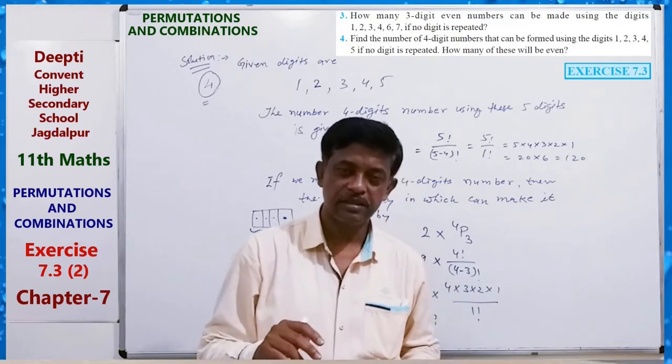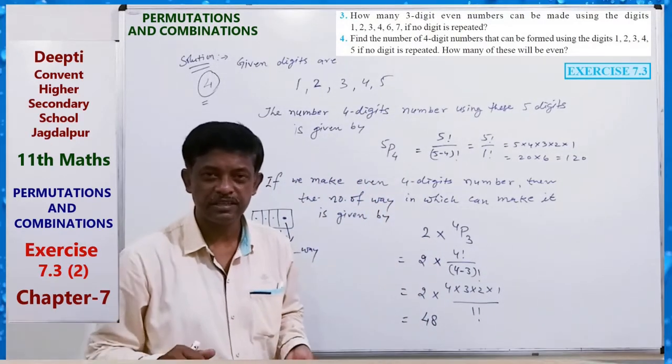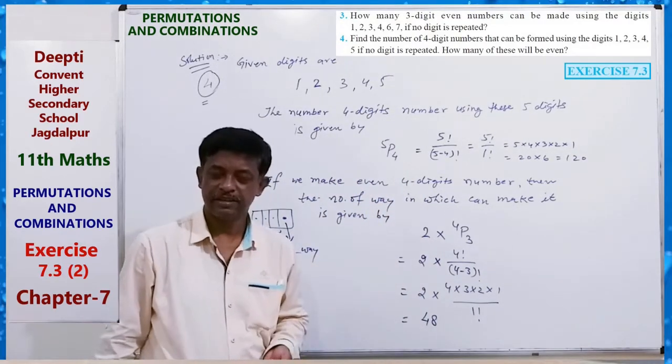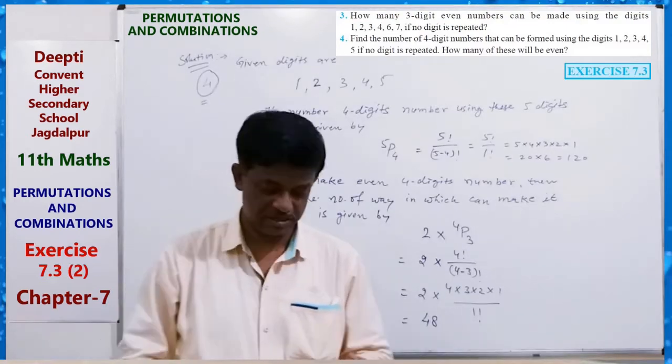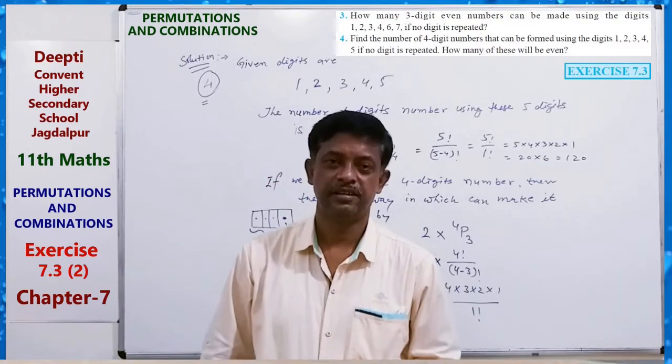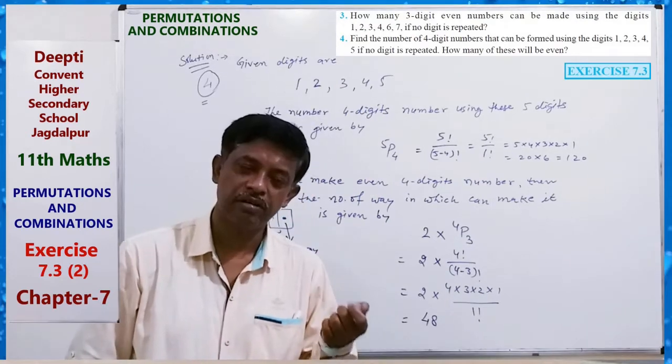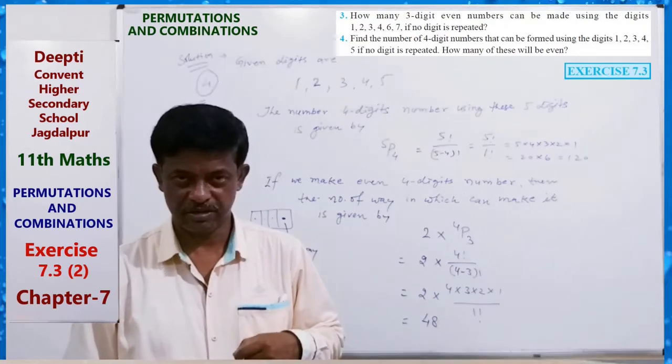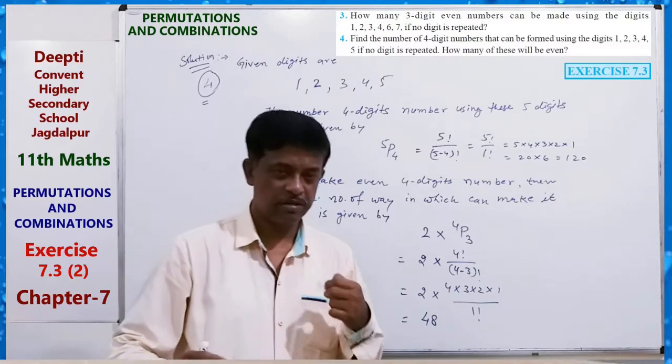The first person may be chairman or vice chairman, or the second person may be chairman or vice chairman. So this can be done in 2 ways: chairman, vice chairman, or vice chairman, chairman.